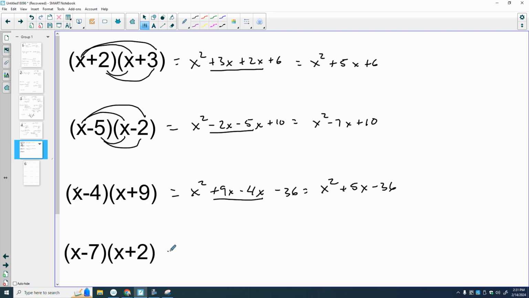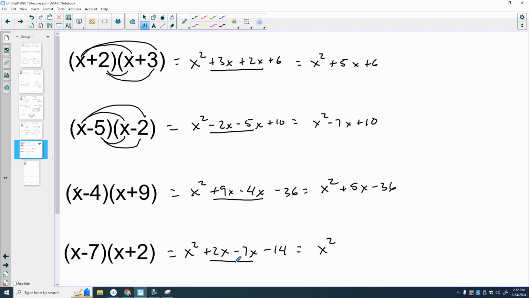Multiply x times x is x squared. X times a positive 2 is a positive 2x. Negative 7 times x is a negative 7x. Negative 7 times a positive 2 is a negative 14. Combine like terms. My like terms are right here. It says positive 2 minus 7.